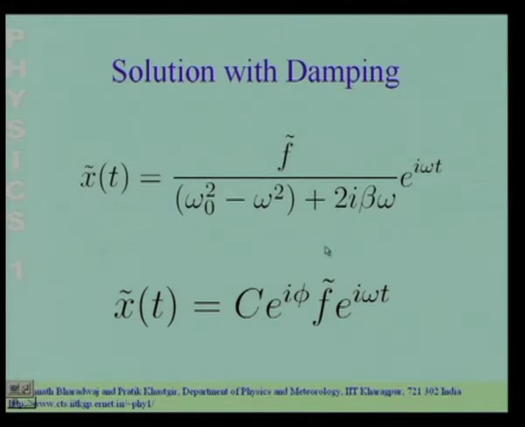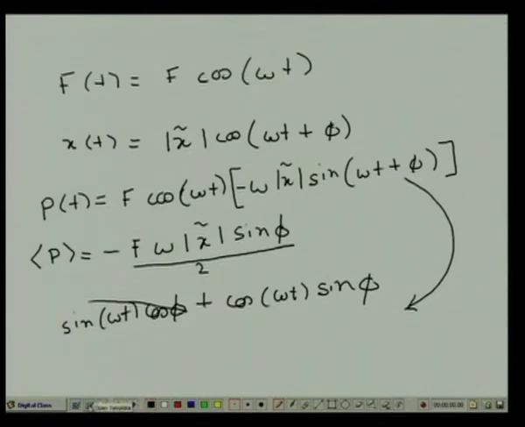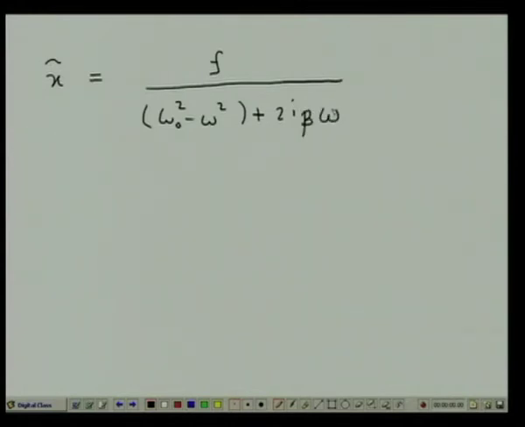So, let me write down what we have to calculate. We would like to calculate the imaginary part of this.